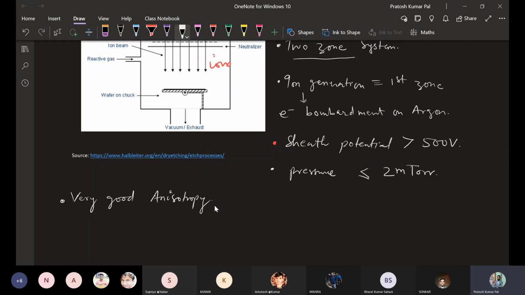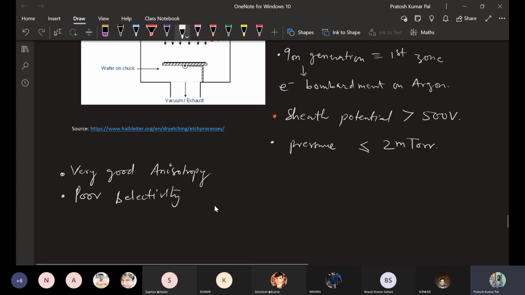So it is going to give a very good anisotropic type of etching. But here the selectivity will be poor, because it is a completely physical process. It is not a chemical process. If a chemical process is there, there will be high selectivity. But it is a physical process, so it will have low selectivity.